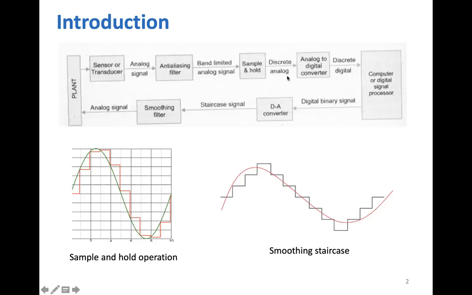Then this is going to be in discrete form, and here I'm going to use an ADC, which is an analog to digital converter. When it is digital, this continuous wave gets converted into a platform where it is broken up into zeros and ones. This signal is given to a computer or a digital signal processor.